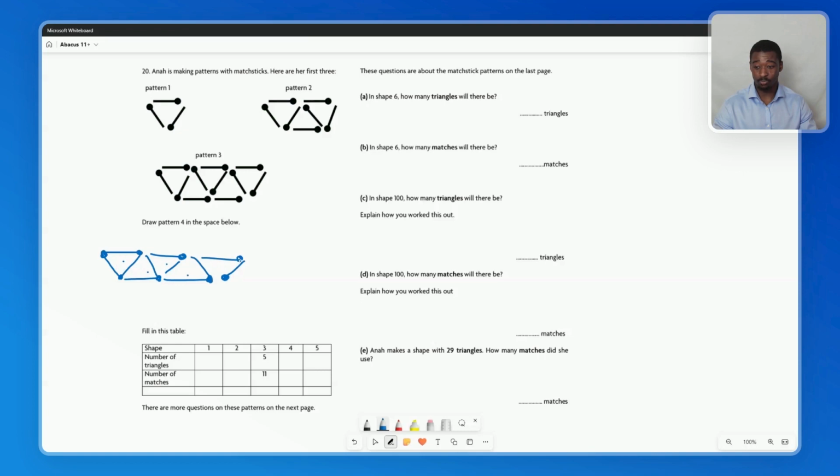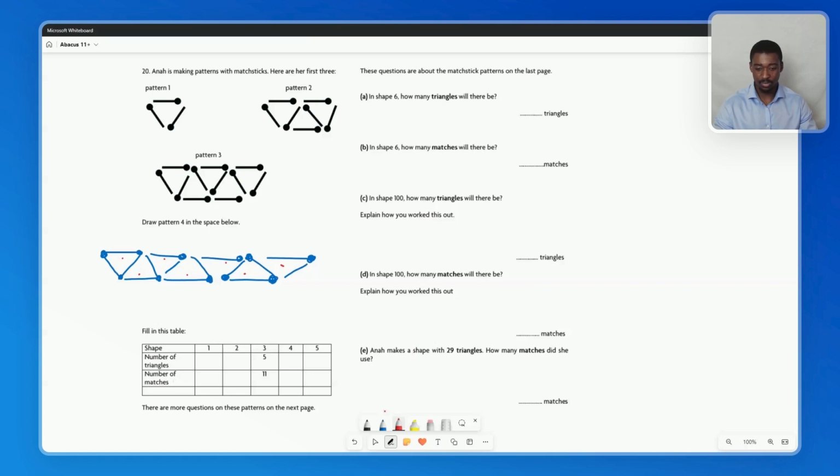But now we need to add on 2 more triangles. So put this one here, put this one here, and then the last one. Okay, so not as well drawn as the examiner, but the point still stands clear. We have 7 triangles, 1, 2, 3, 4, 5, 6, 7. This is pattern 4. And then we fill in this table: shape, number of triangles, number of matches.